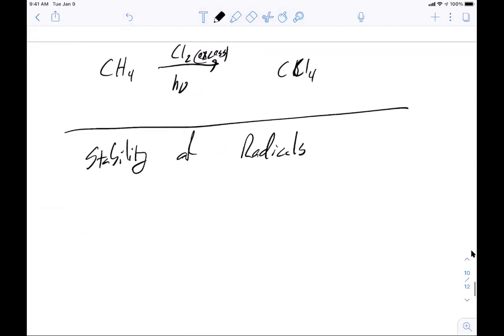Okay. When we look at stability of radicals, the first thing we need to think about is, where is the radical? Is it more like the carbocation, or is it more like the carbanion? So is it an electron-rich species, or is it an electron-poor species?